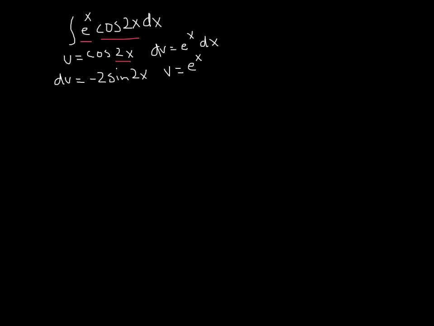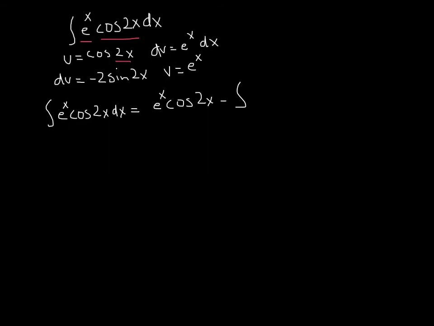So if we go through the process, I'm going to put this here, you'll see why in just a moment: the integral of e to the x cosine of 2x dx is equal to uv minus the integral of v du. So uv, that's going to be e to the x cosine of 2x minus the integral of v du.